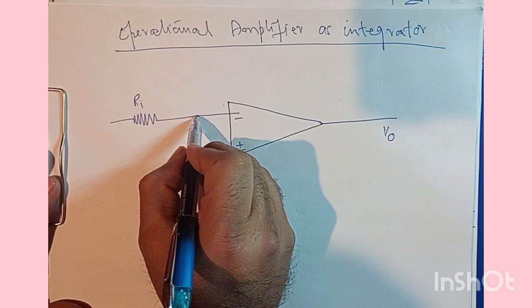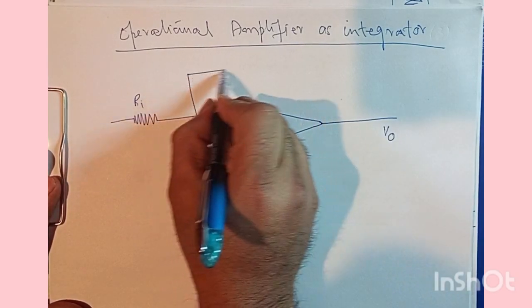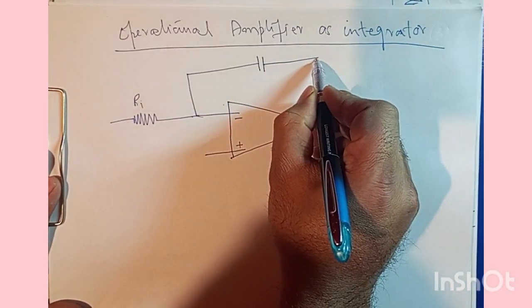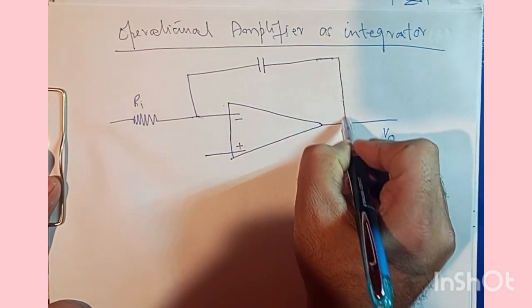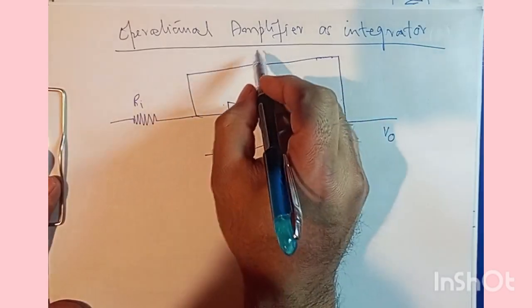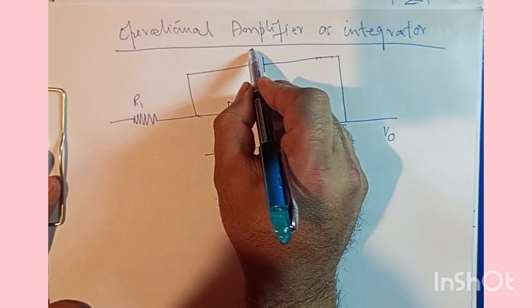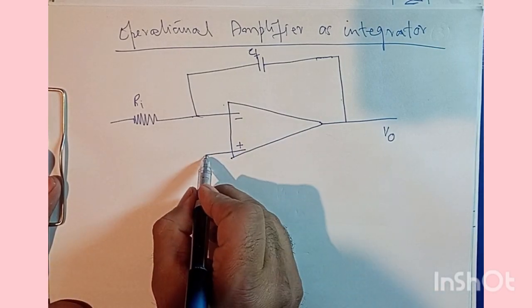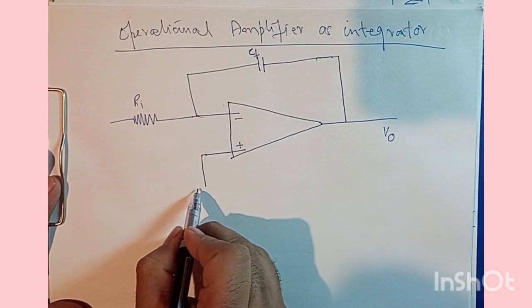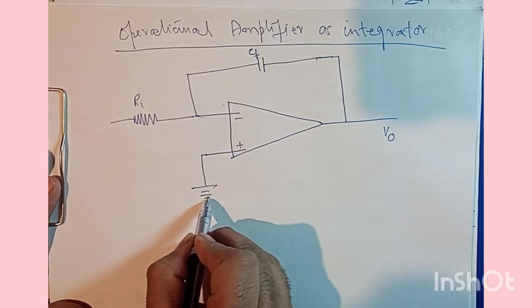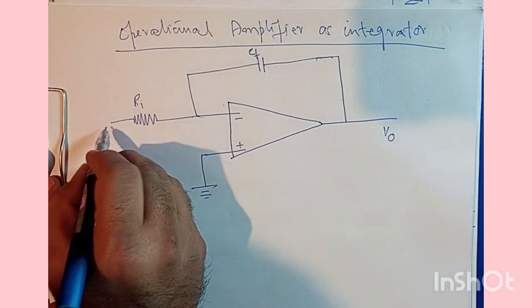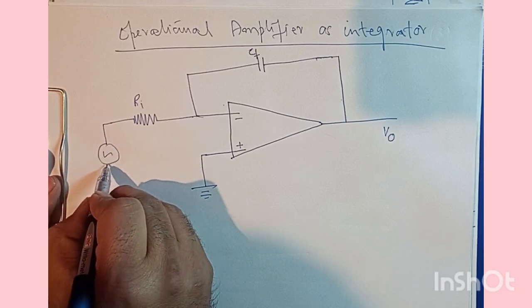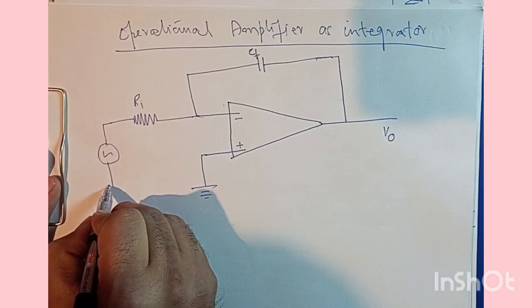Here we are going to use a capacitor in the feedback circuit of this operational amplifier. Let us assume that the capacitance of this capacitor is CF, and let us ground the non-inverting terminal, and here we will subject the input signal to this operational amplifier.